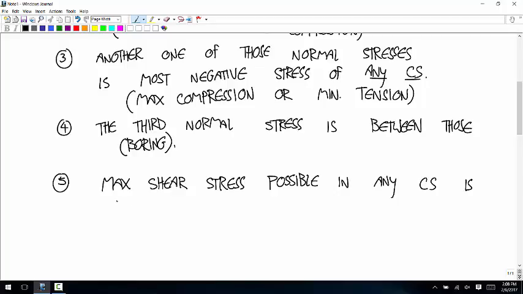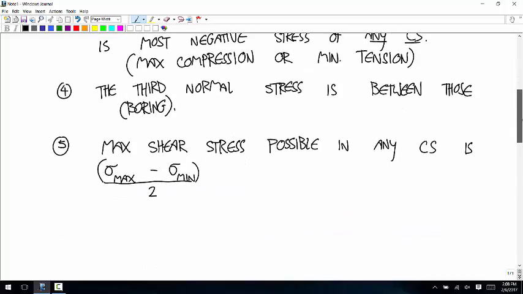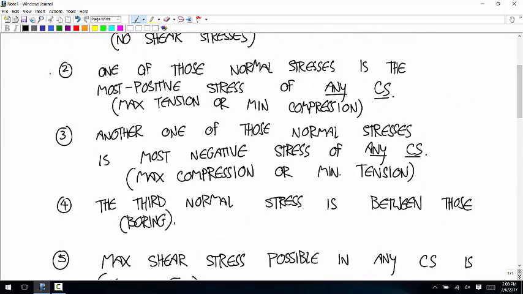You can find it as that maximum stress minus that minimum stress divided by 2. Those are the elements from numbers 2 and 3. So I'll call this one sigma max, call this one sigma min.